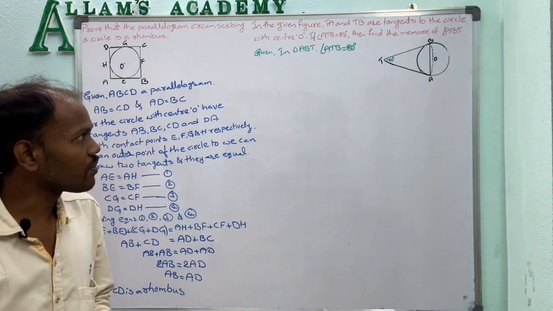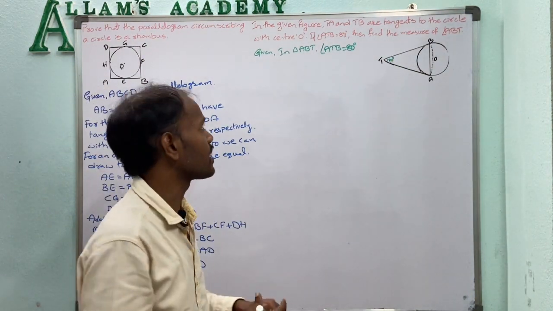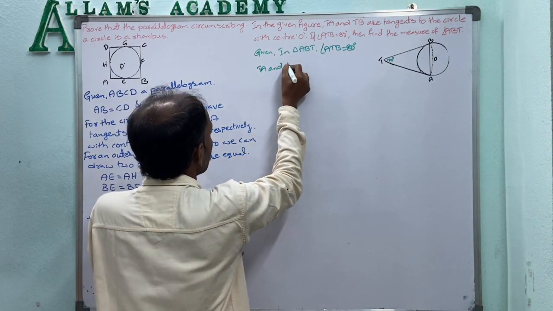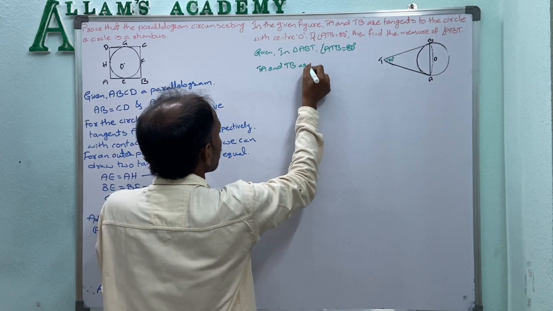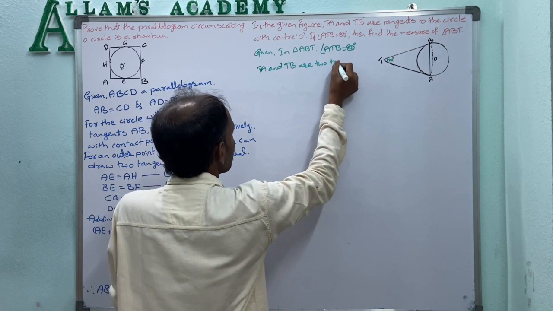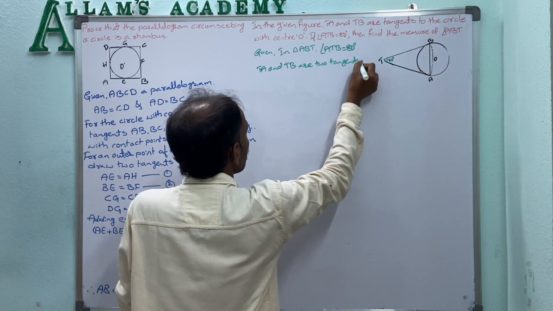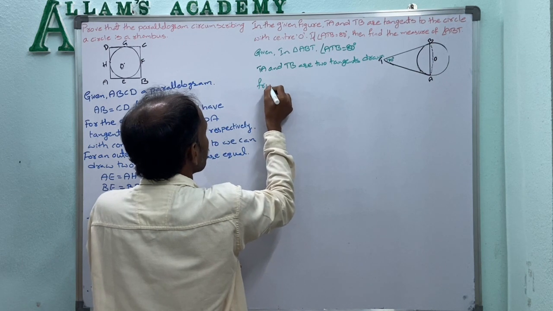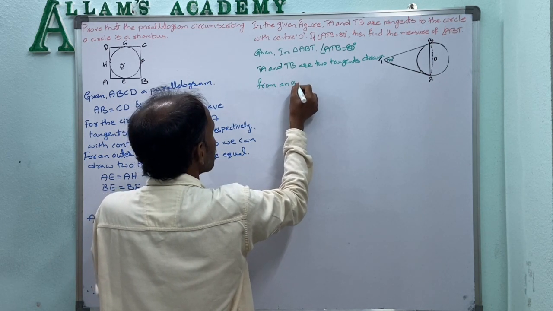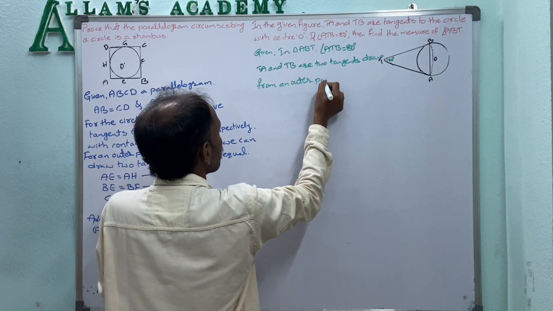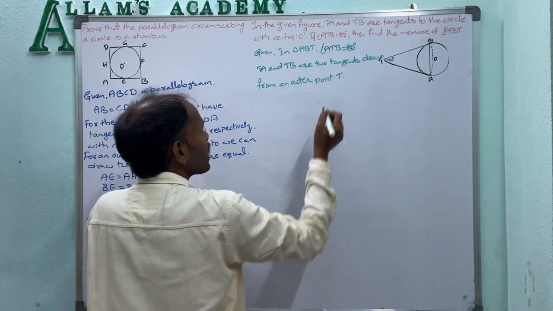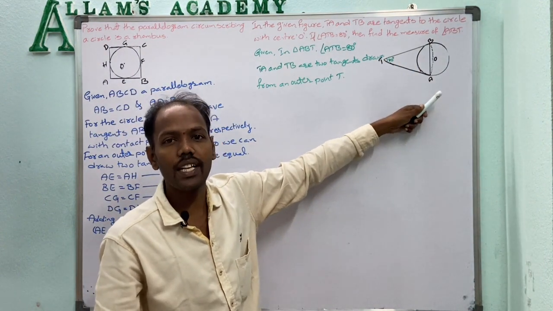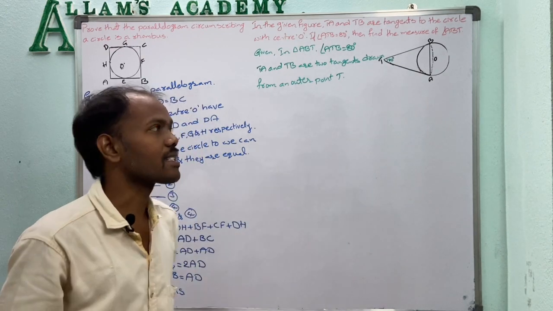Now if we observe, TA and TB are tangents that are given already. So TA and TB are two tangents drawn from an outer point T. From an outer point to a circle we can draw two tangents and the lengths of those two tangents are equal.